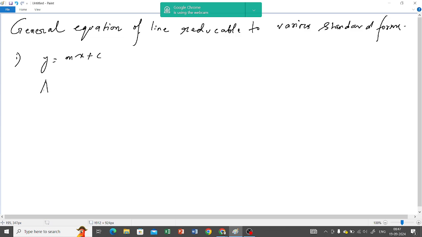So what is the general equation of line? Ax plus by plus c equals 0. How do I convert ax plus by plus c into y equals mx plus c?